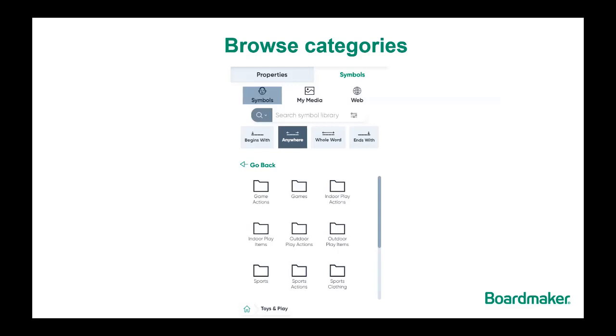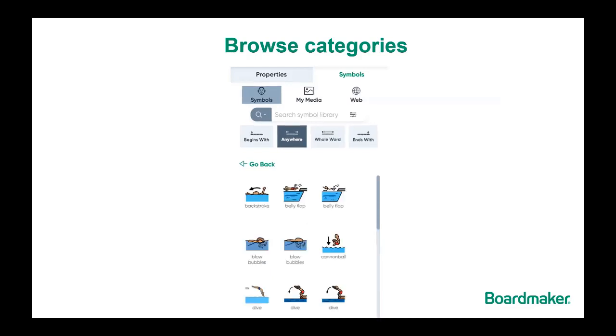So I've gone into actions, we've got sports and sport actions, and then it'll give me lots of different, and I think we've got here swimming actions. So I've immediately got lots of different ideas of vocabulary that I can put into that communication board. So a really great way of helping you to generate ideas for any activities that you want to create.